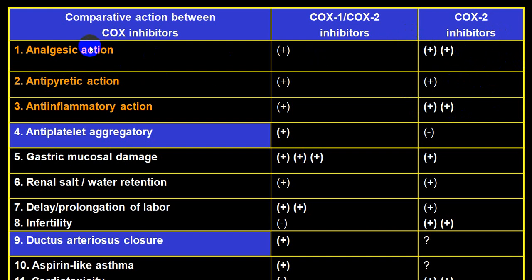Both have analgesic, antipyretic and anti-inflammatory action. But COX-2 inhibitors will have more anti-inflammatory action than COX-1 inhibitors, meaning common NSAIDs. Antiplatelet effect is more with aspirin, while gastric mucosal damage is more with non-selective COX inhibitors.